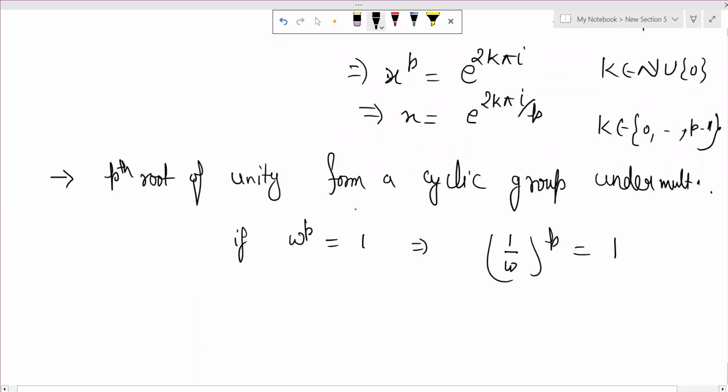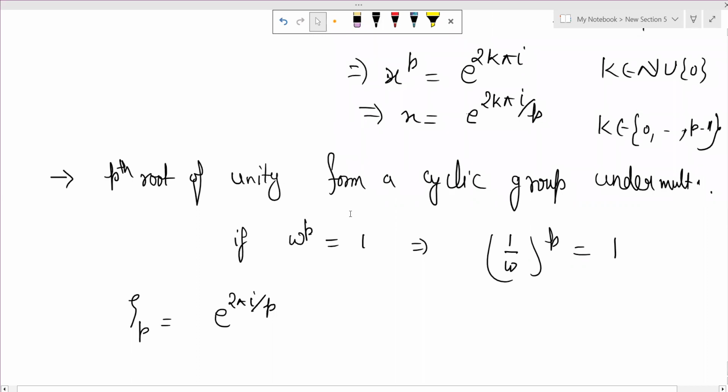Why is it cyclic? I give you the generator: zeta p equals e to the power 2 pi i by p. Taking its powers one, two, three and so on gives all the possible values of x. Agreed or not? Yes, sir.